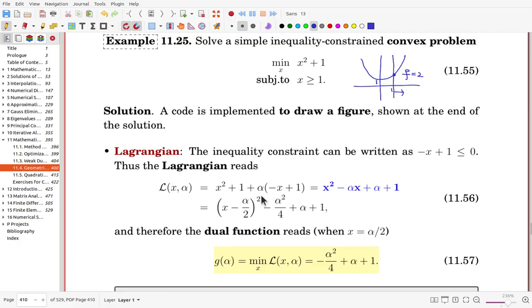Its dual function, the minimization over x, is obtained when x is alpha over 2. When x is alpha over 2, this term will be 0 and the remaining part is this one. That is the Lagrange dual function.